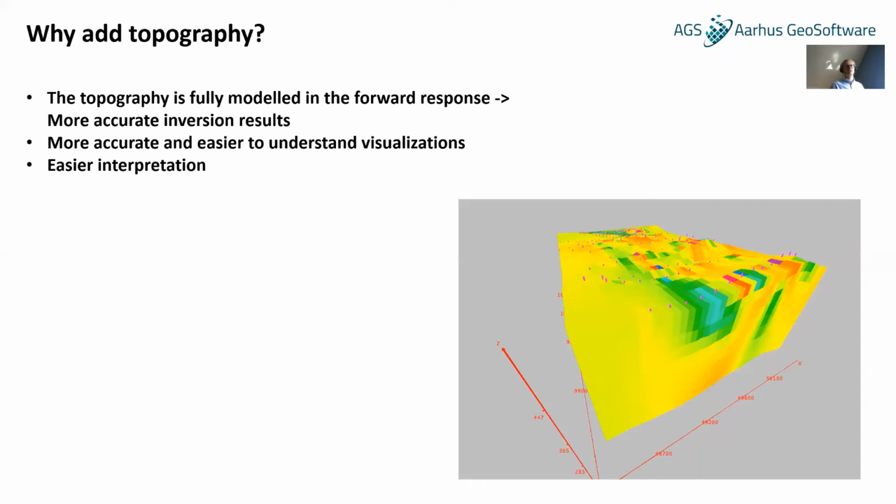And it is also easier to perform interpretation of the models, because then the depth and the elevations will be more correctly corresponding to the real world, and you don't have to do this brain gymnastics of imagining how the data would look with topography, because the topography is already there.